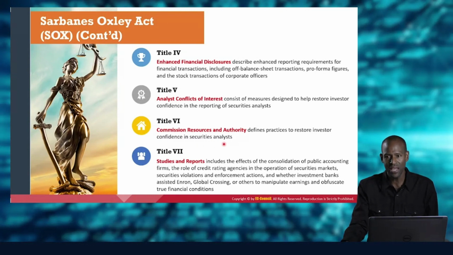And then in Title VII, we have subsidies and reports where we want to take that public accounting, take credit rating agencies, security markets, and so on, and enforce violations and make sure they're not manipulating earnings or obfuscating true financial conditions.